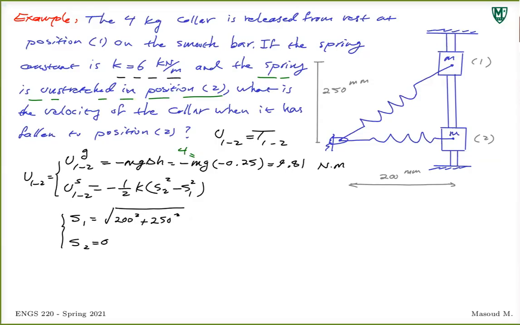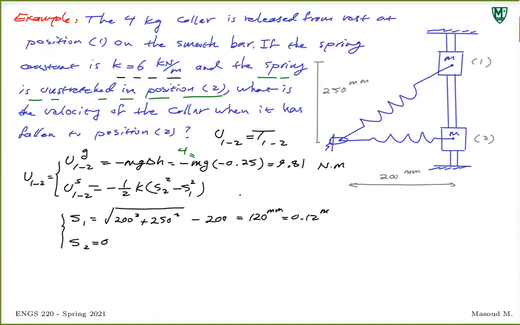Because you want to find out how much is stretched, you subtract the natural length, which is 200 millimeters. So it gives you 120 millimeters or 0.12 meter. Stick to concepts and definitions. If you know what you're looking for, the rest is just paying attention to geometry and information you're given.